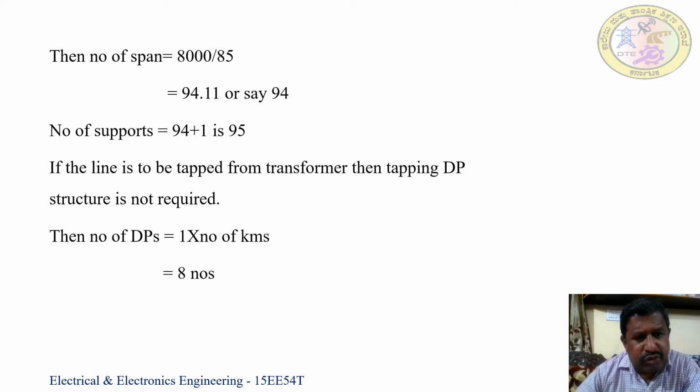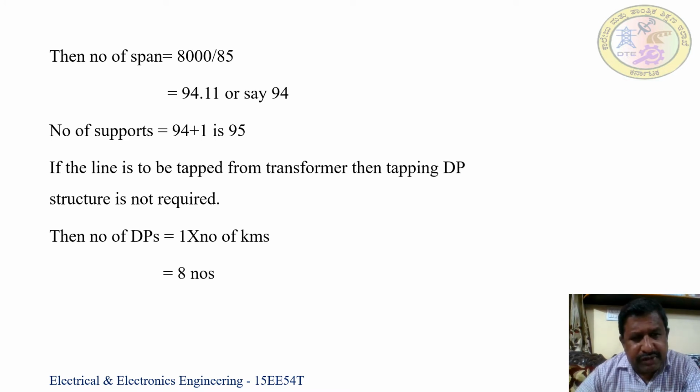If the line is to be tapped from a transformer, then a tapping DP structure is not required. If the line is to be tapped from an existing line, then a tapping DP is required with the safety device HG fuses, and for controlling, a GOS is required.